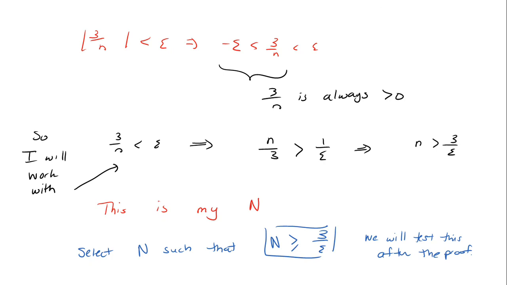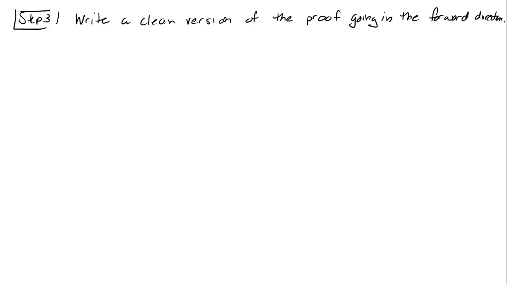We're going to test this in class using Excel, but this gives me a formula of where to set that cut point, whatever epsilon someone gives me. Now, if epsilon is 0.01, I don't have to drag everything down. I know that my capital N is set to be 3 divided by 0.01. So that tells me where to set it.